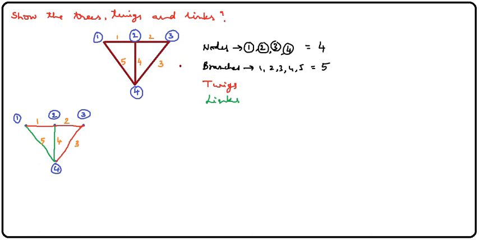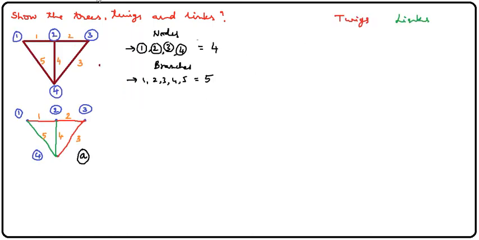Let me write it neatly. So this is the given graph. In this graph we have 4 nodes, 1, 2, 3, 4 encircled, and 5 branches. These are the 5 branches and this is tree A. I have made it with the 3 branches, 1, 2 and 3, and these 3 branches are called twigs, as they are the branches of a tree.